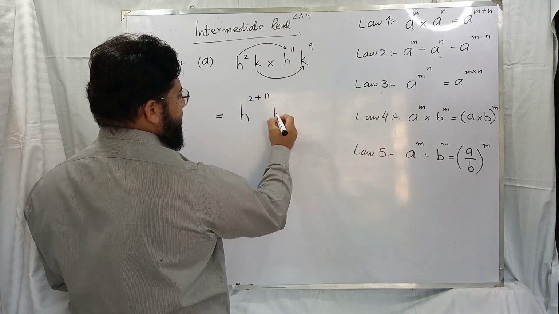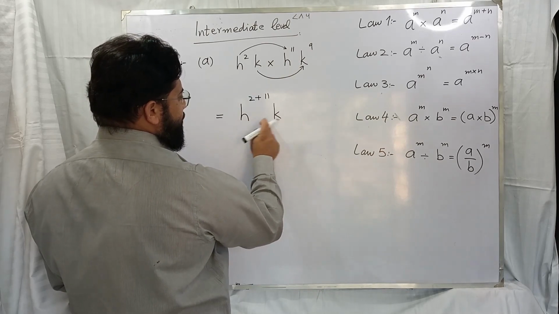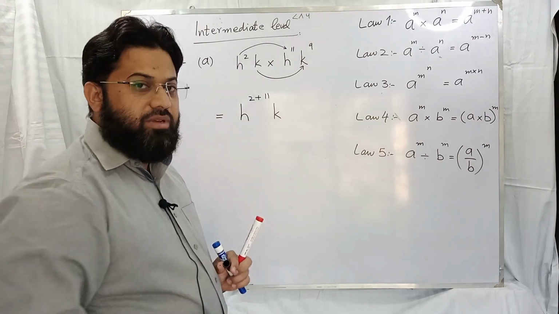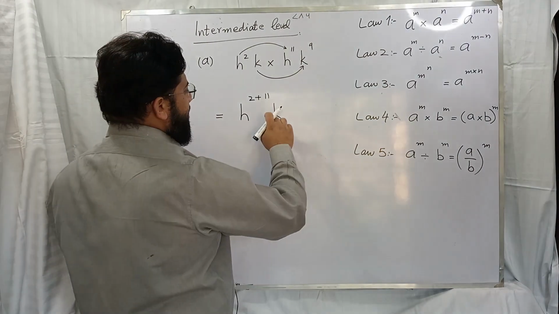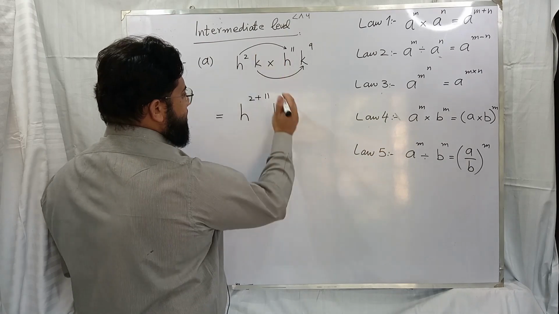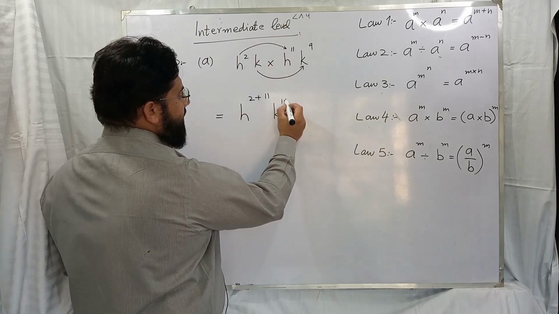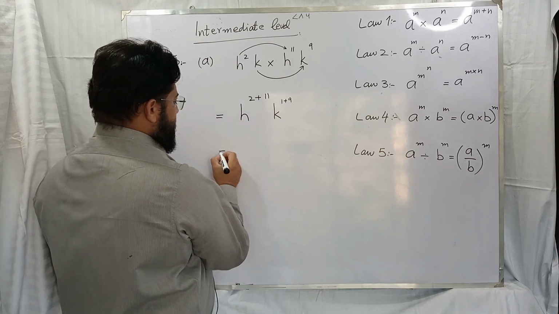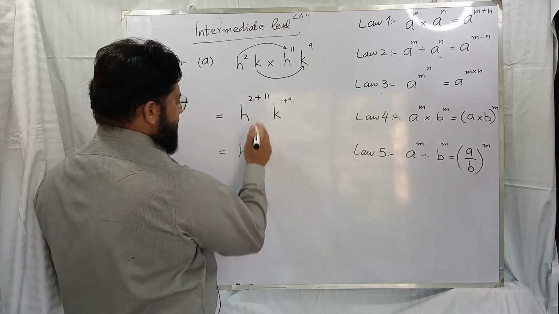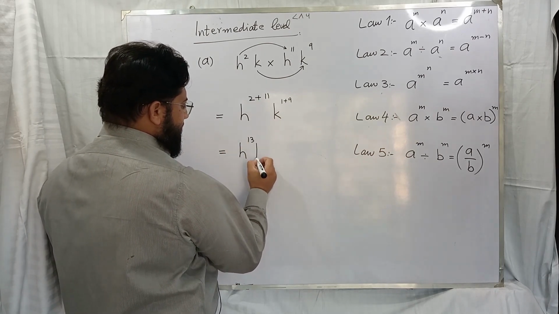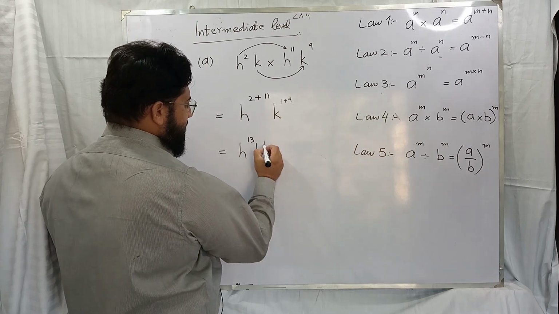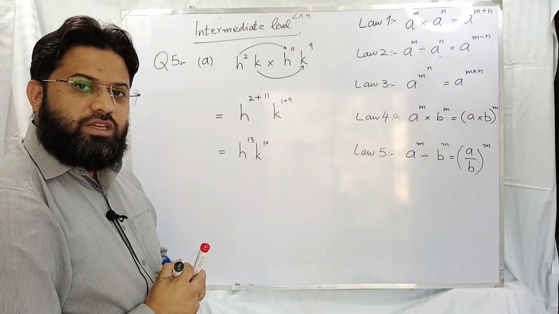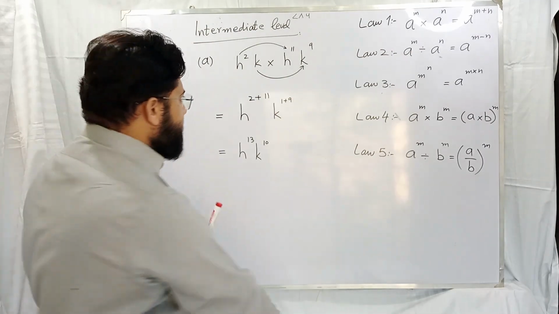When there is no sign in between the values, it means there is a multiplication sign. So k here is power 1 plus k to the power 9, means 9. So it will be h to the power 13, k to the power 10. Right?